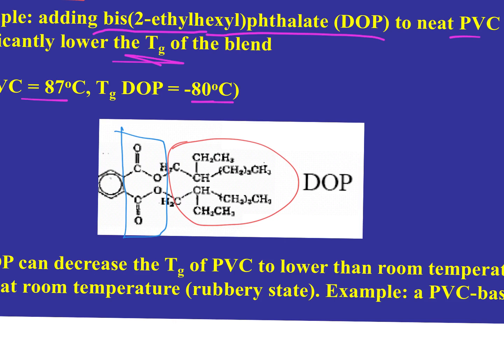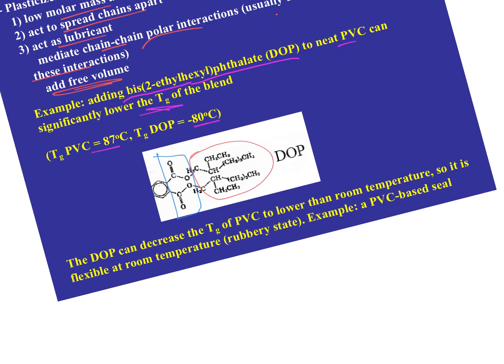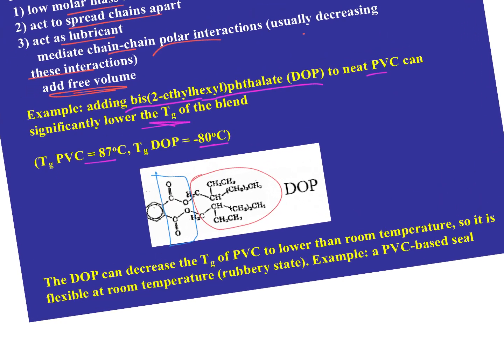But this allows it to go in and stay there, and then this provides that space between the chains that acts like a little area of polyethylene, basically. Compared to all the chlorine that's in there, this is eliminating a lot of that secondary bonding between the chlorine-containing chains. Does that make sense? All right.